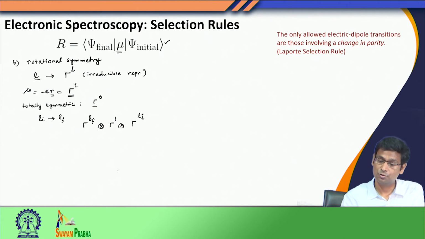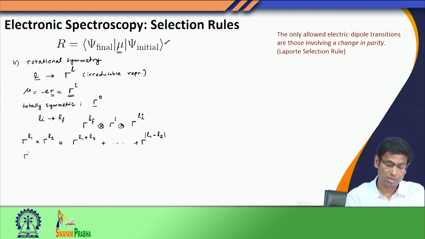Here I would use one important relation: if I have gamma L1 and gamma L2, the direct product of them is given by the following relation: gamma L1 plus L2 plus gamma L1 minus L2, down to the absolute value of L1 minus L2, and this series goes as L1 plus L2, L1 plus L2 minus 1, L1 plus L2 minus 2, and so on. To give one example, if I consider gamma 1 into gamma 2, L1 plus L2 is 3. So, this is gamma 3 plus gamma, and what will be the last value?